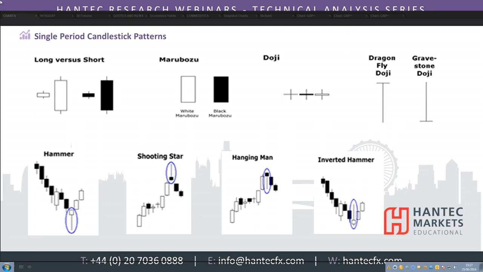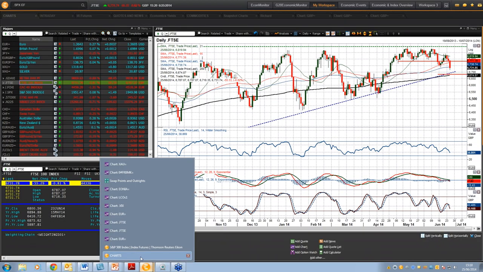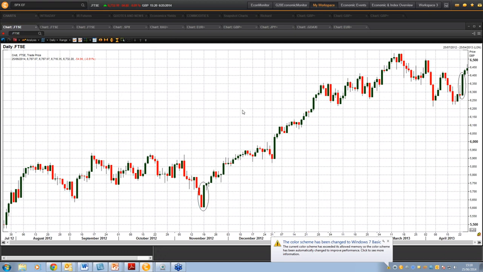Okay, so I'm going to show you how these are shown in the market. So here is the FTSE. I'm going to start off with FTSE 100.